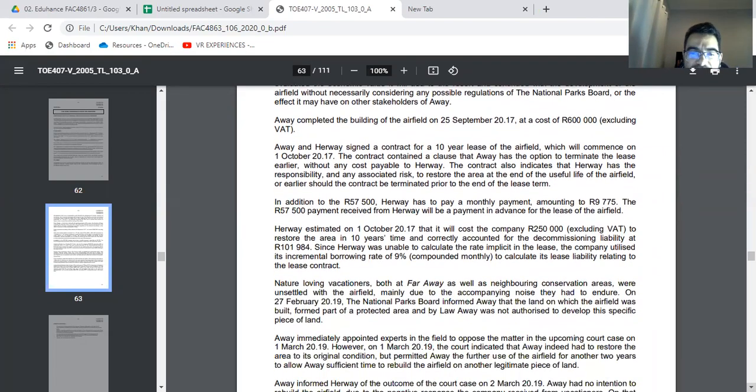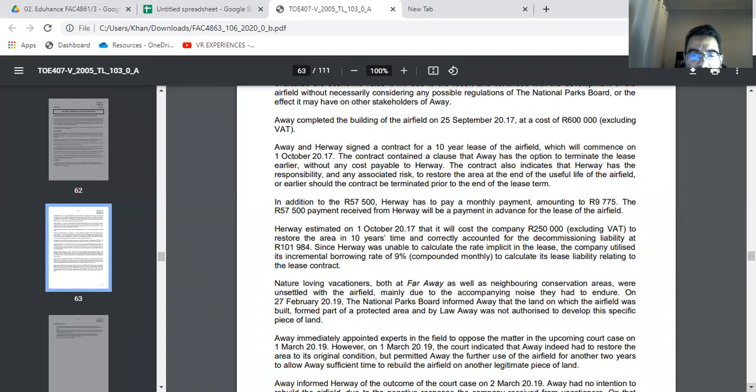In addition to the 57,500 Rand, Herway has to pay a monthly payment amounting to 9,775. The 55,000 payment received from Herway will be a payment in advance for the lease of the airfield.